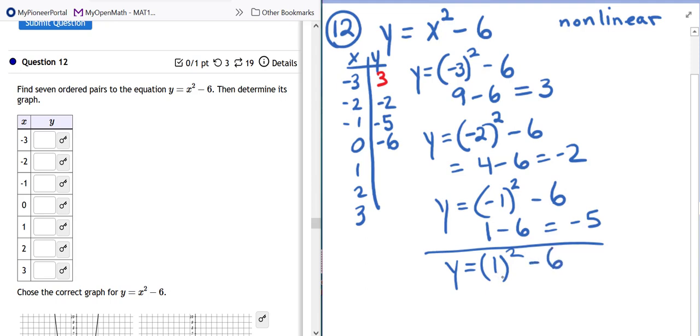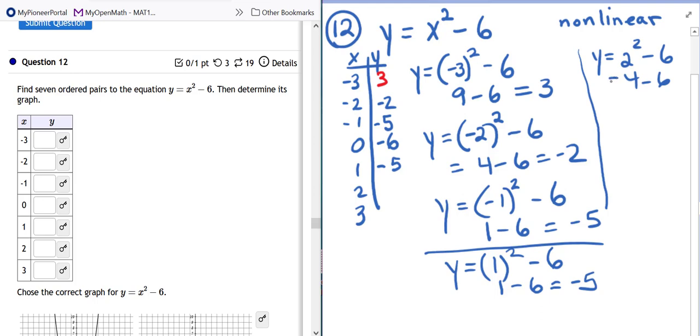Right? And order of operations says you have to do the exponent before you add or subtract. So 1 squared is 1 minus 6, which gives us negative 5. Have you seen that value before? You have. So this picture is going to give us something that is symmetric. And so we'll plug in 2. So y equals 2 squared minus 6, which is 4 minus 6, negative 2.